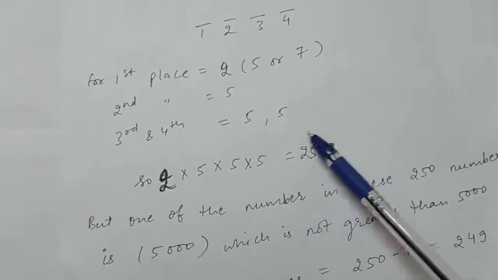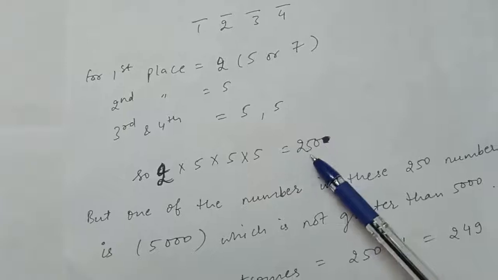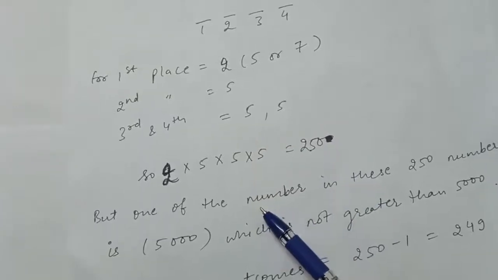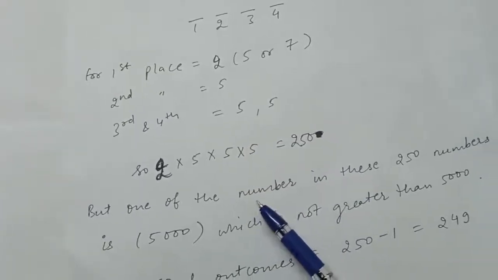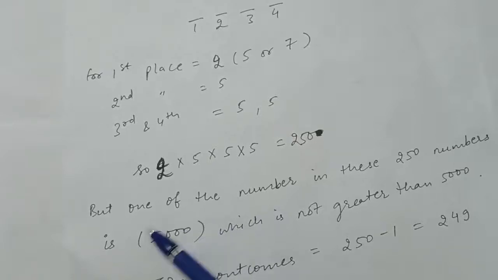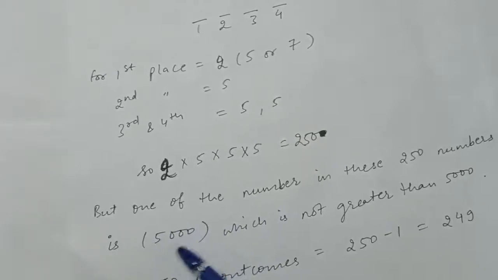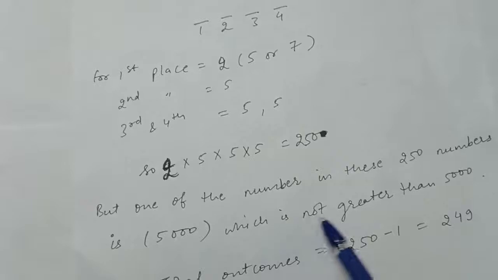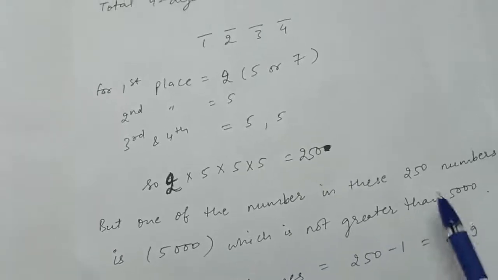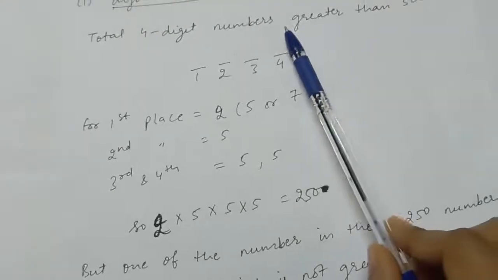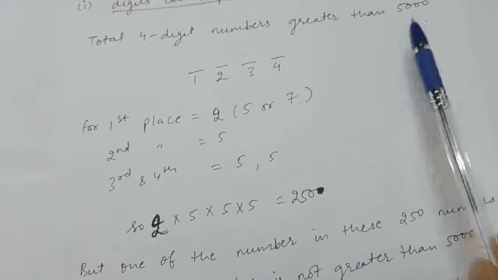Now see, but in these 250 cases there will exist one case in which you will form the number 5000, which is not greater than 5000. Why? Because we are saying we have to make a 4-digit number greater than 5000.